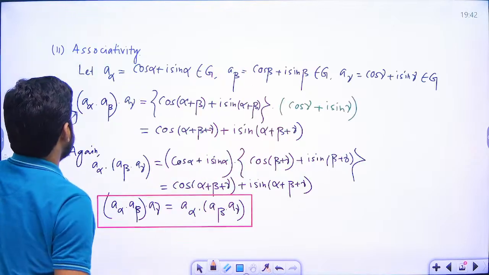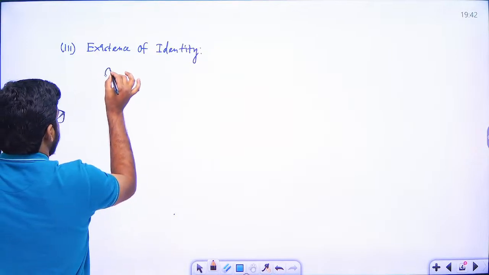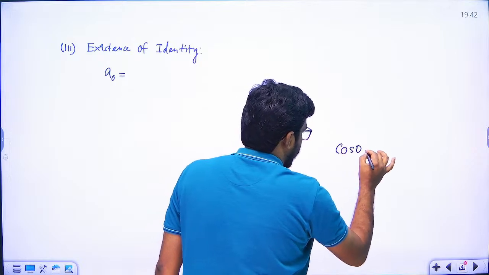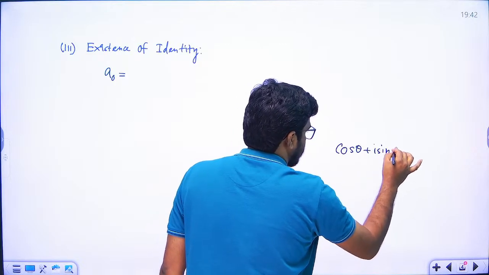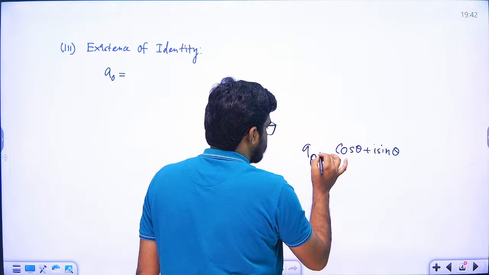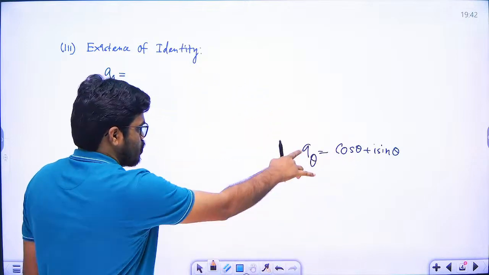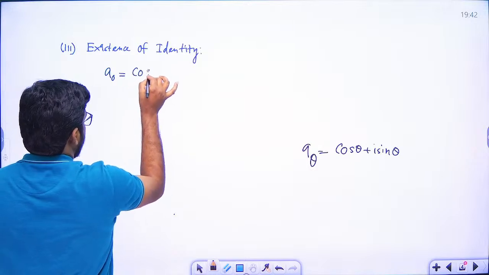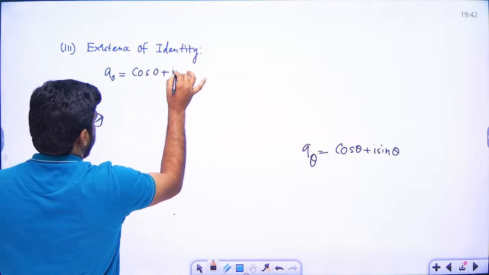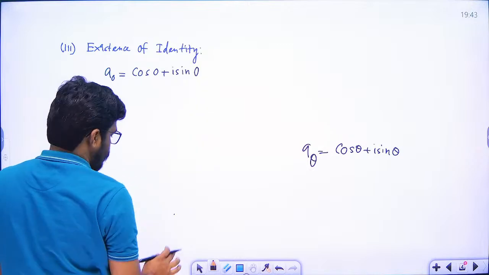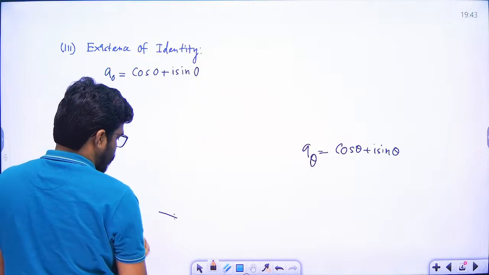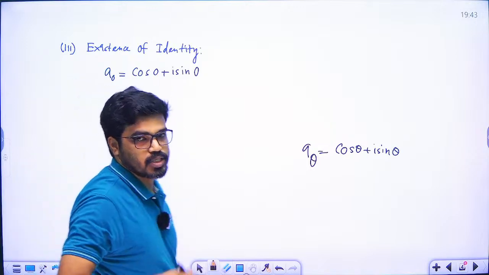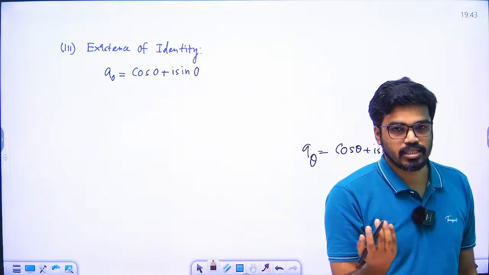So A0, just see, what is cos theta plus I sin theta? We consider this as theta, right? So A0, what do we get? Cos 0 plus I sin 0, right? Cos 0 is 1, sin 0 is 0, right?